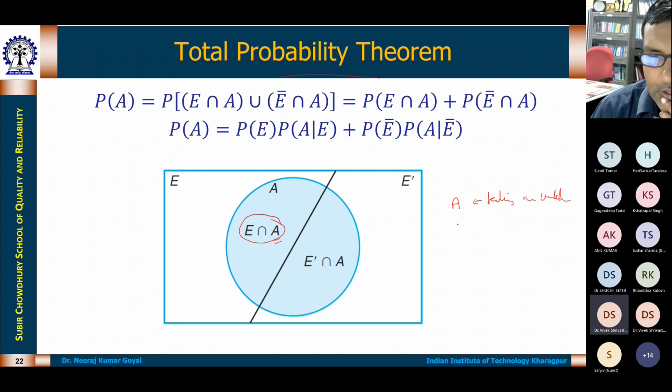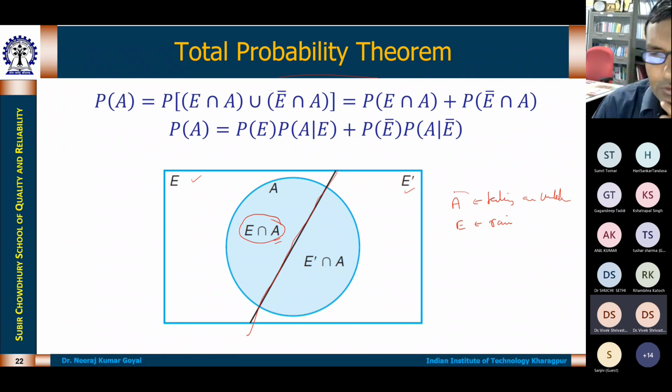And E is, let us say, there is rain. So there are two possibilities: either there is rain or there is no rain. So the whole sample space I have divided in two parts, right? The event that there is rain, the event that there is no rain, right?